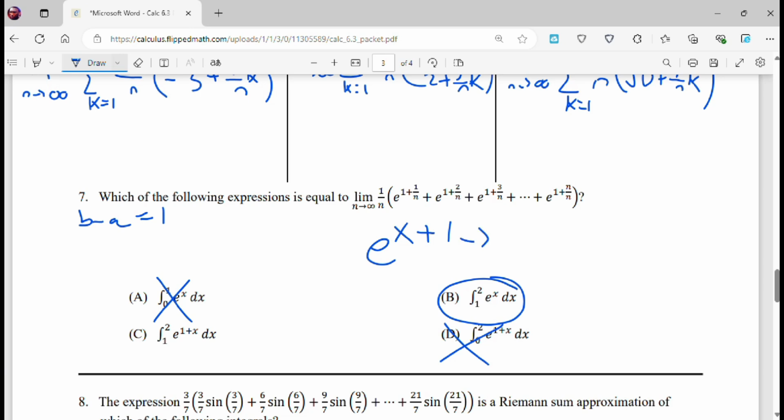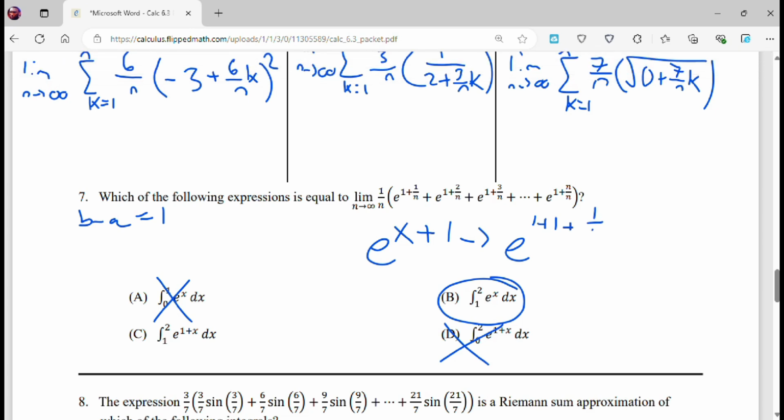So when you use the lower limit, we get e to the 1 plus 1, plus, and then that stays, right? b minus a over n, because 2 minus 1 is still 1. So we get e to the 2 plus 1 over n. That doesn't match any of these. And so our answer has to be B.